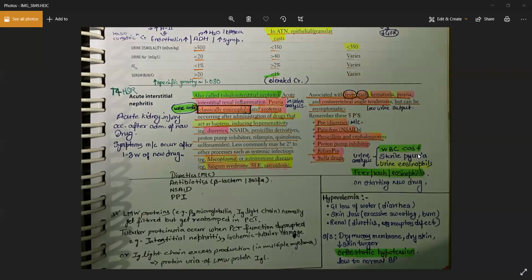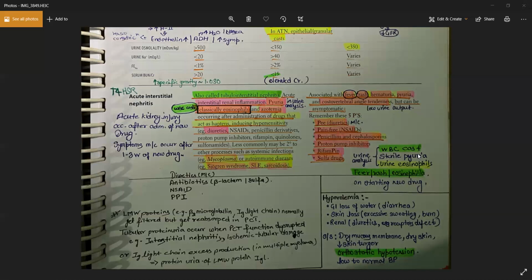It will be a sterile pyuria. You won't find any bacteria, just the WBC casts, and this sterile pyuria will help you differentiate between pyelonephritis and acute interstitial nephritis, because in pyelonephritis you will have some bacteria in the urine also. But in acute interstitial nephritis, you won't have any bacteria, just the WBC casts.